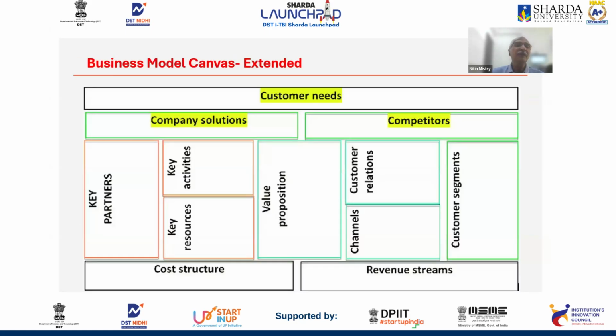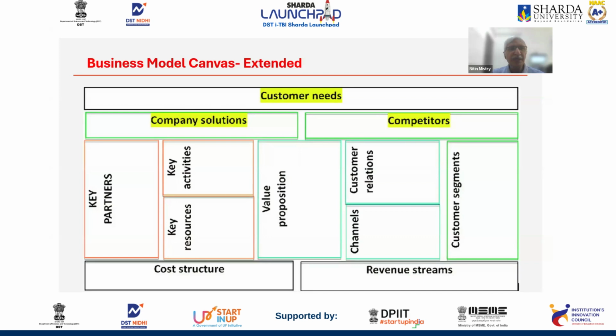So if at all you have to extend the business model, I would say maybe the conventional business model we can extend with company solution. Company solution means what your business provides to your customer's needs, ensuring that your offerings are directly aligned with the market demand.